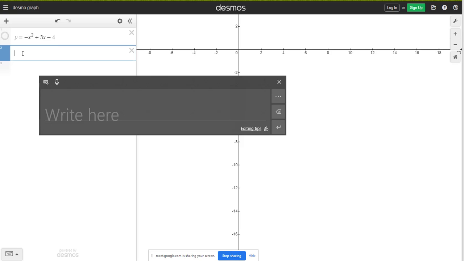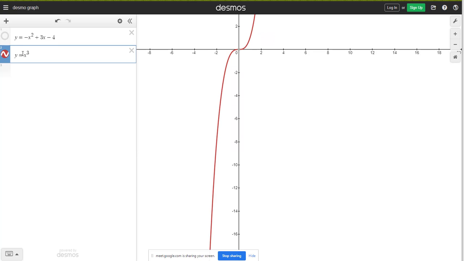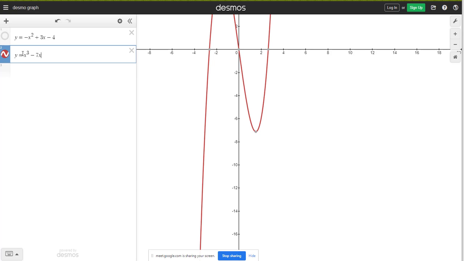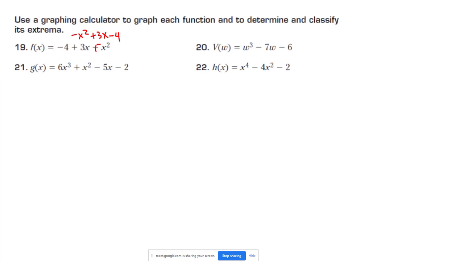So we have y equals x to the third minus 7x minus 6. On Desmos, it might be better to change your variables into x's and y's.